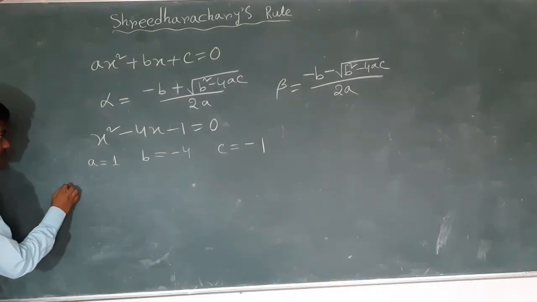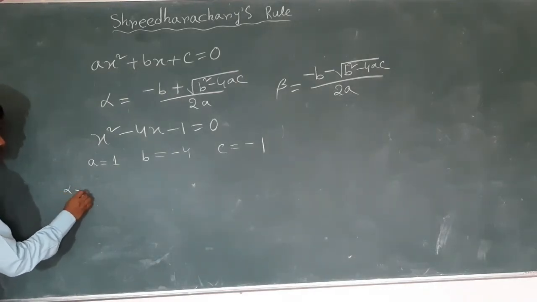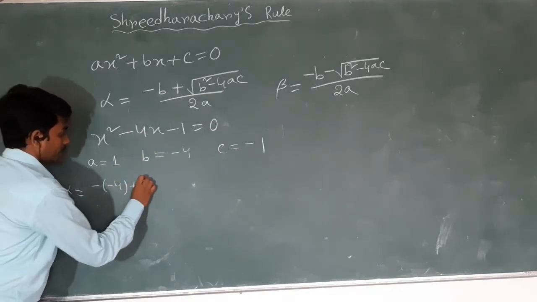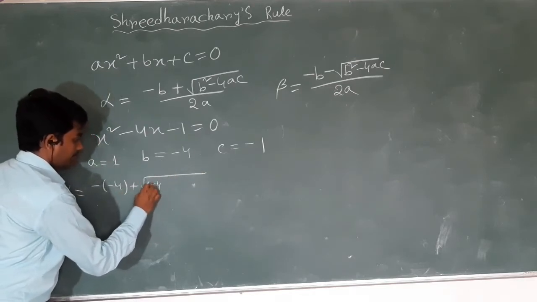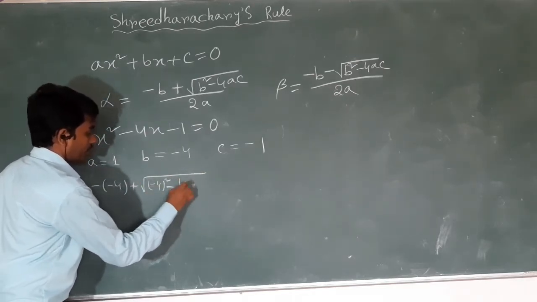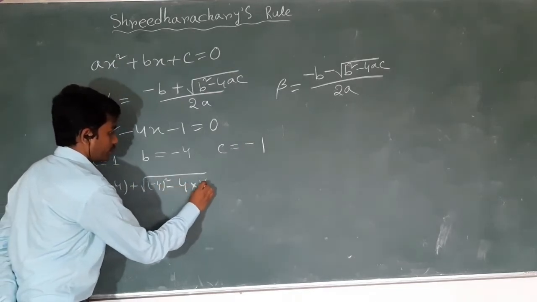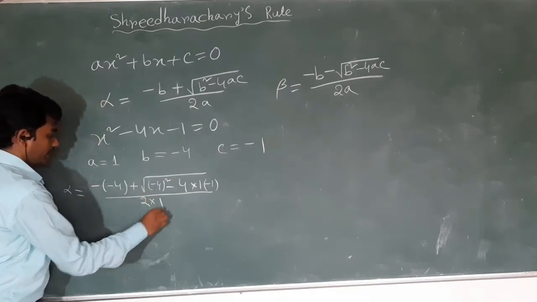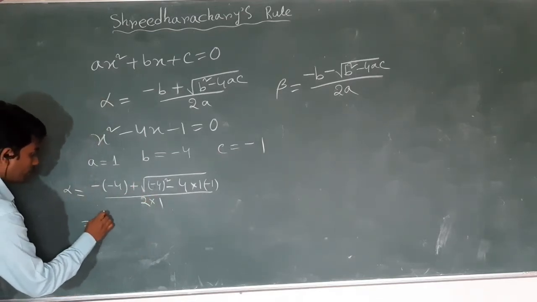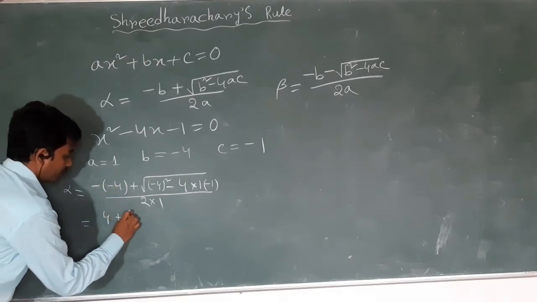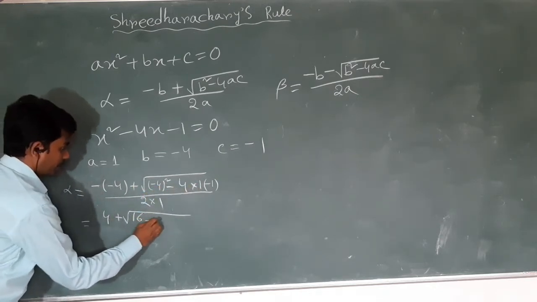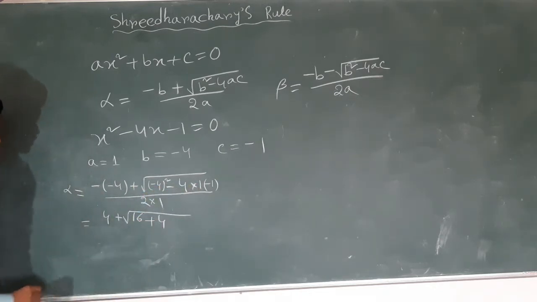So one root is minus b plus under root b square minus 4ac by 2a, that is 4 plus under root 4 square, that is 16, minus 4 into 1 into minus 1, that is plus 4, by 2.